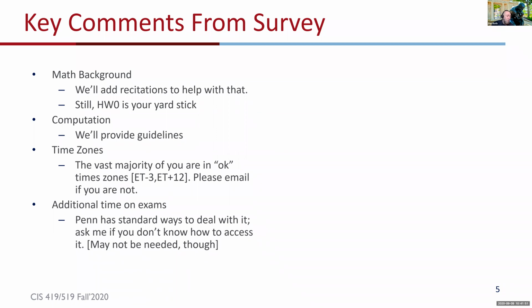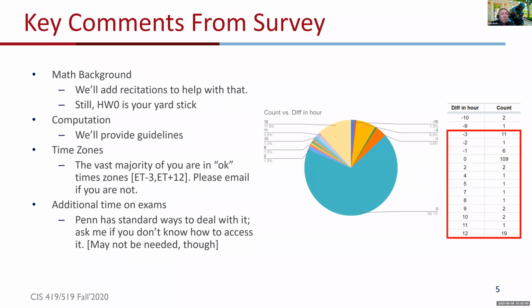Time zones. So several of you are concerned about time zones. Actually, it's not that bad. I was concerned that it's going to be worse. So here is the distribution that we have. The vast majority is here on the East Coast. All but 3 are in what I would count as reasonable, between -3, which is California, West Coast, and +12, which is China.